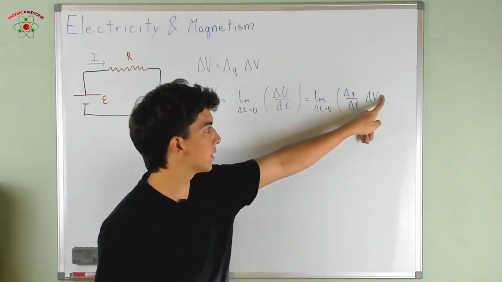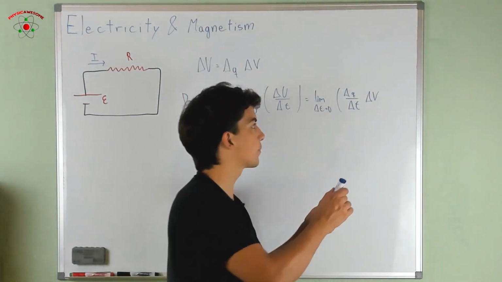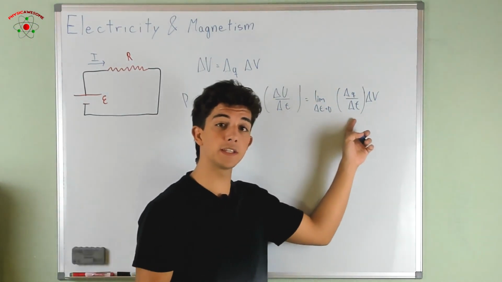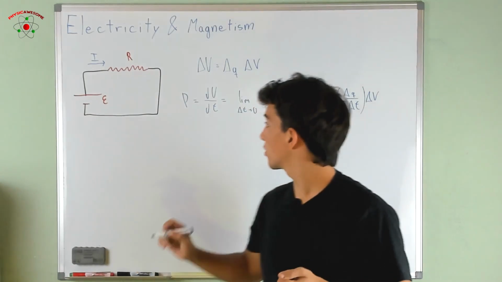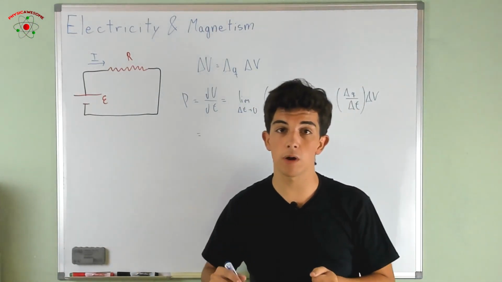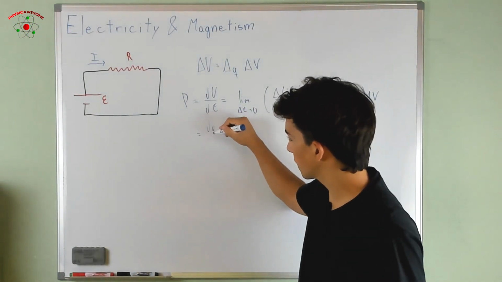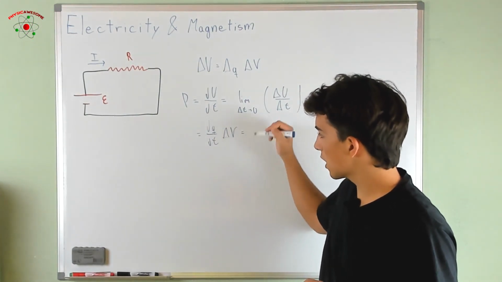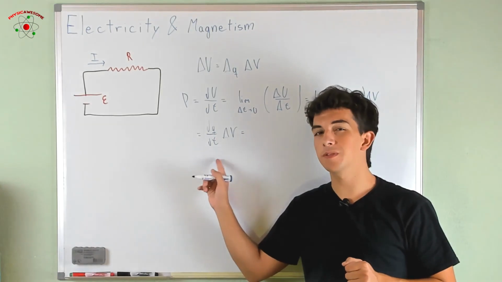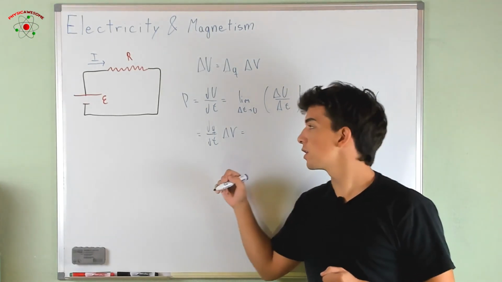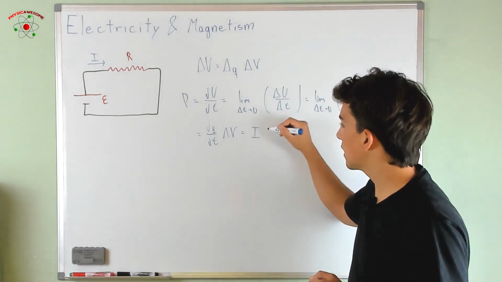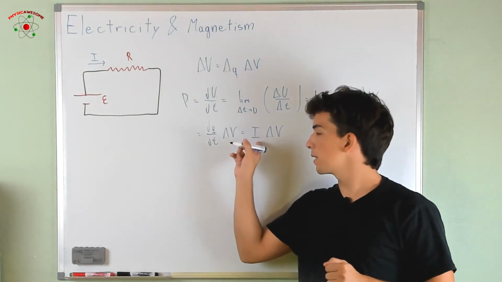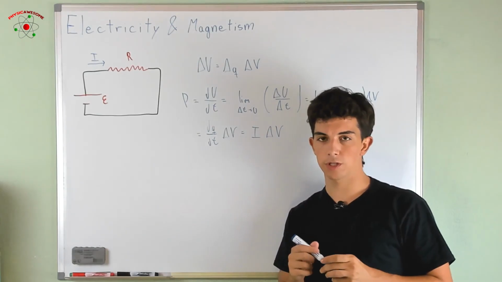So it'll be like this. And what we have in here is that this is going to give us a derivative. So we're going to have that power equals dQ/dt times delta V. However, this is something we've seen before. This is the current. Therefore, we conclude that the power is equal to the current times the change in voltage.